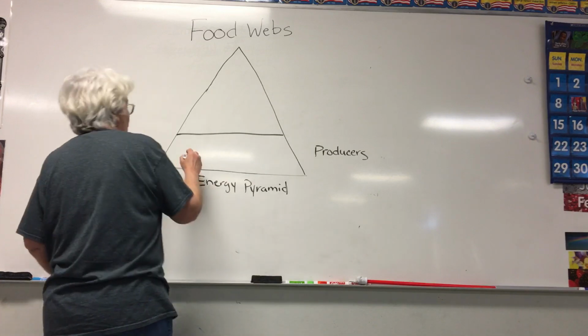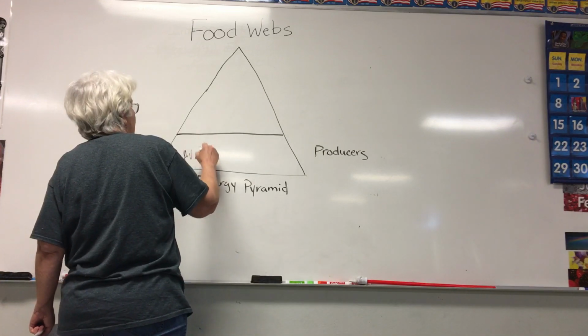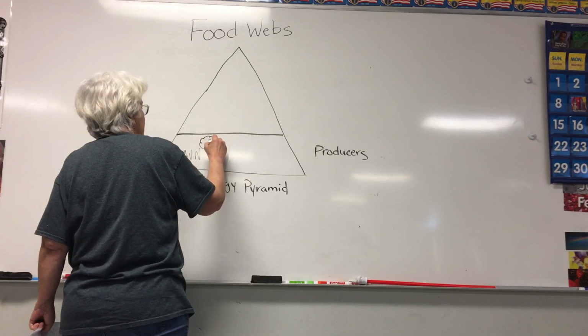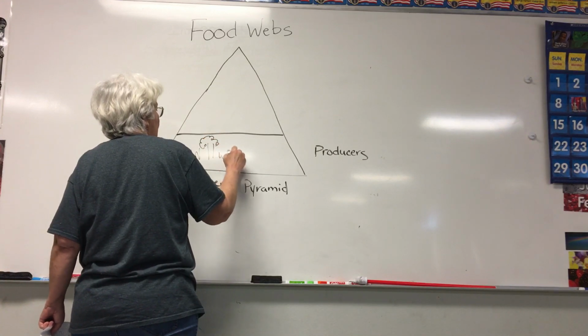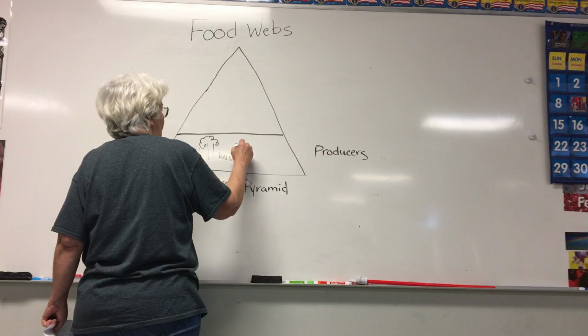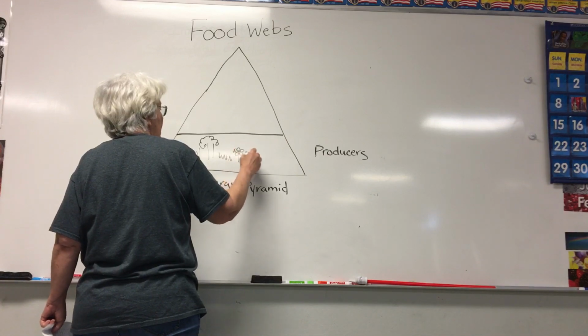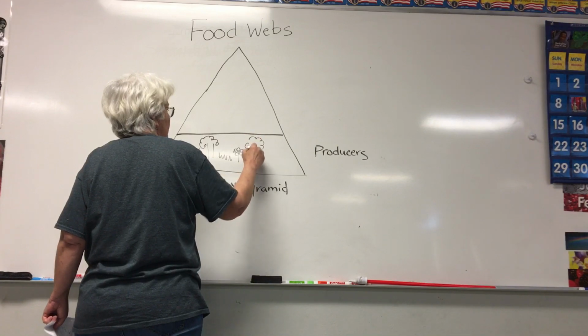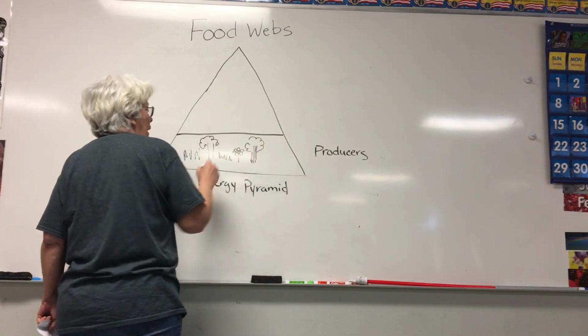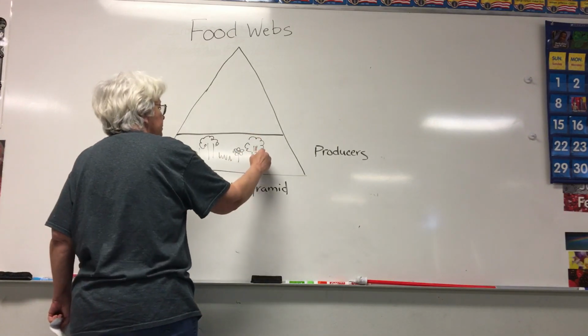These are our plants and our trees with the fruit on them, or nuts, some more plants, some flowers, anything that's plant material would be your producer.